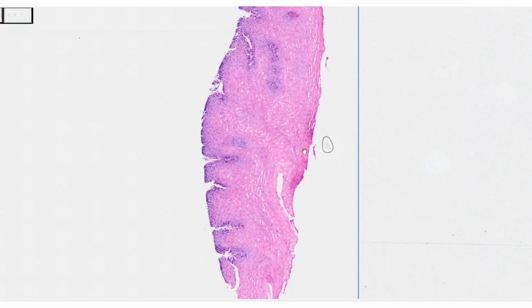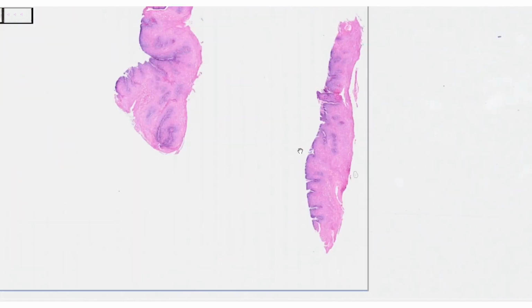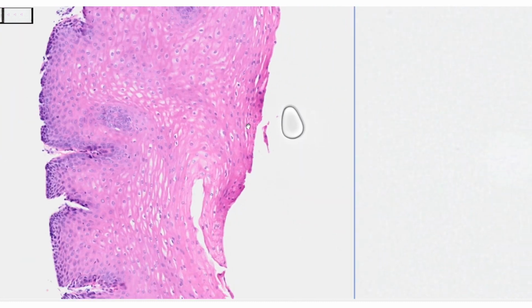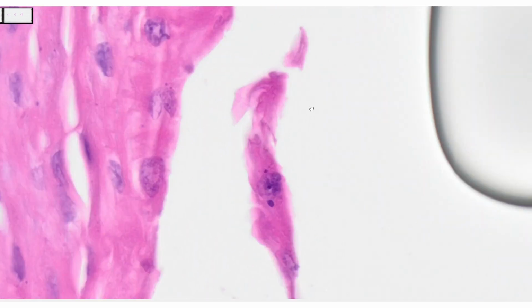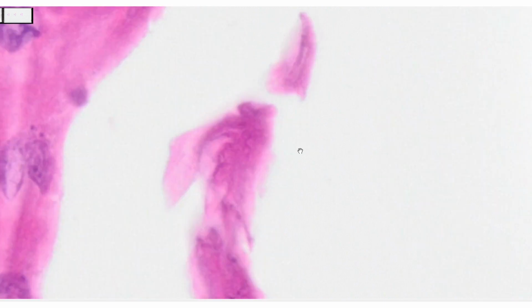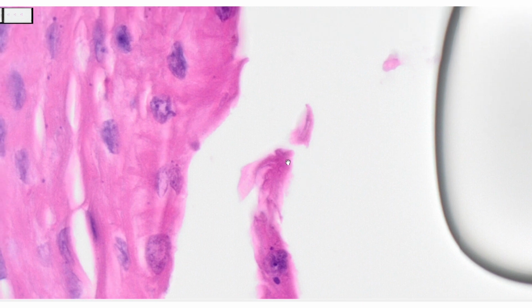One more thing I need to point out in the esophagus here, this is the distal esophagus, and I found this. So look closer. That's as far as I can zoom in. But you can see that this is a hook. This is a partial head of a worm, and this is a hook, and this hook has been broken off from here.